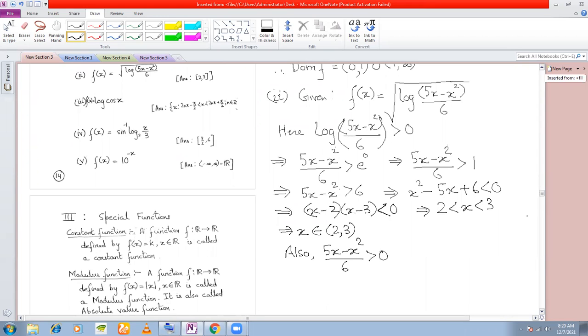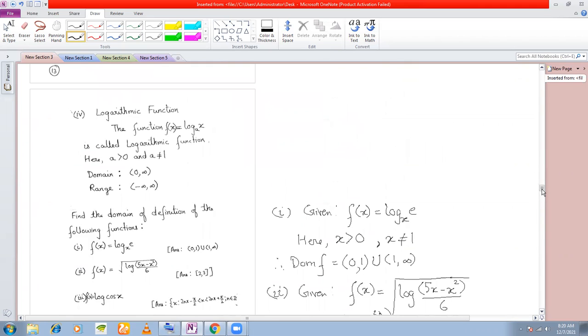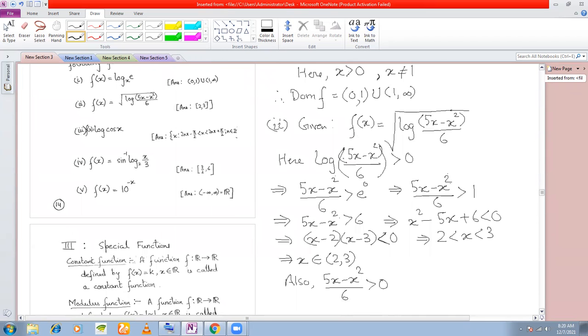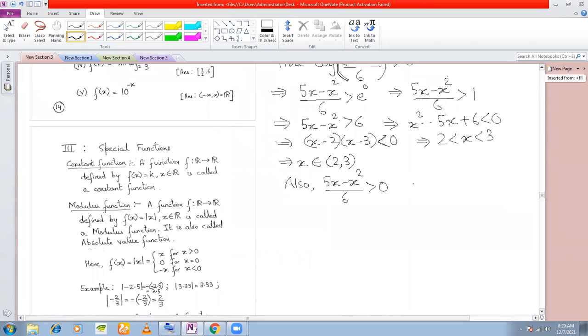That was the condition for the domain of log: f(x) is equal to log x, and this quantity must be greater than 0. Here, what is within the log is 5x minus x square by 6, so this also has to be positive. So what does this give us? This will give you 5x minus x square greater than 0.